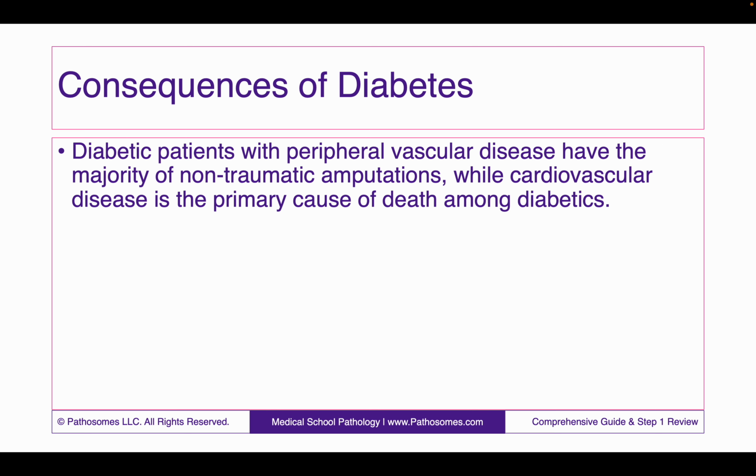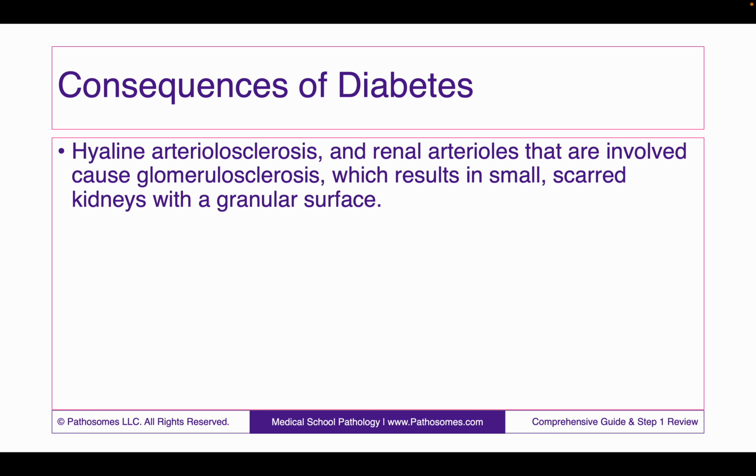In fact, hyaline arteriolosclerosis in the renal arterioles causes glomerulosclerosis, which results in small, scarred kidneys with a granular surface. Multiple systems are affected.